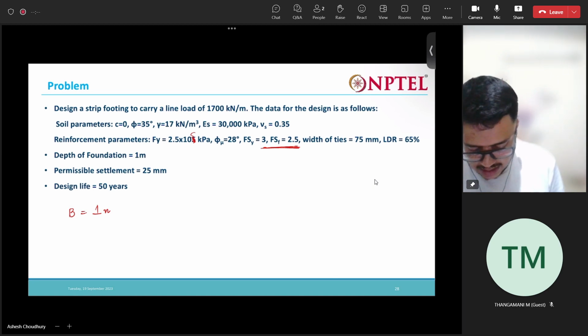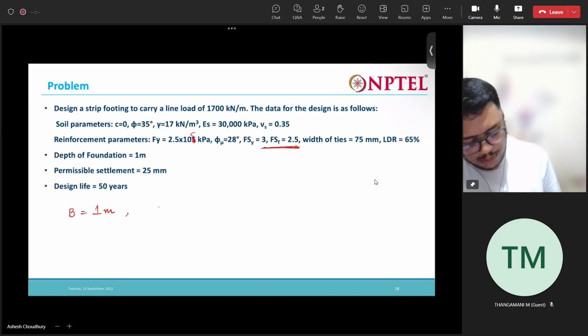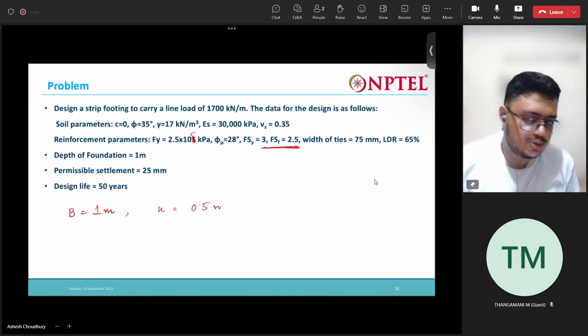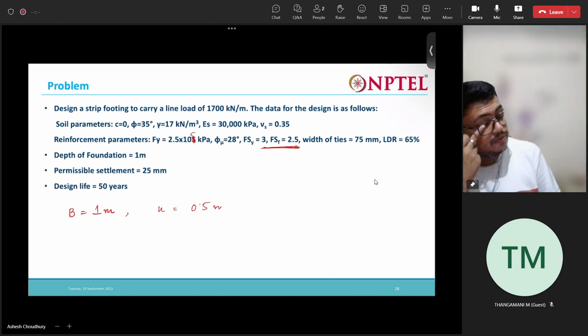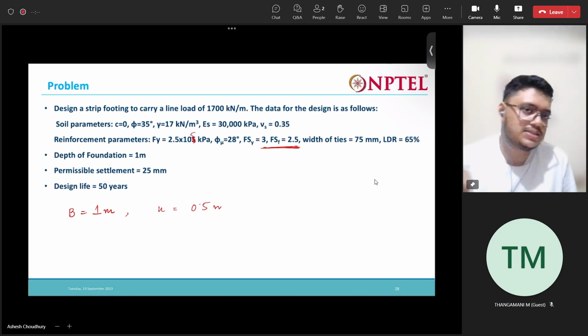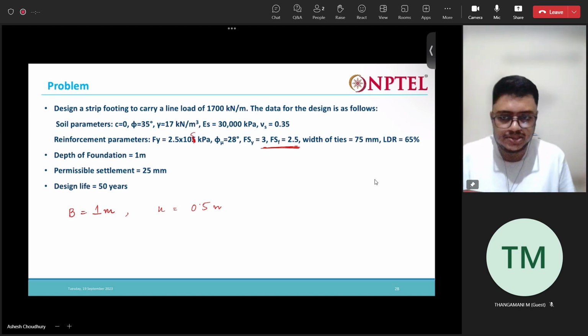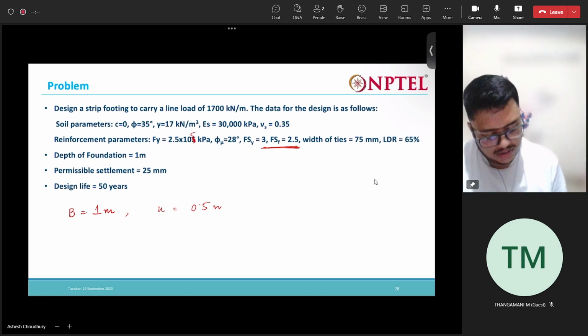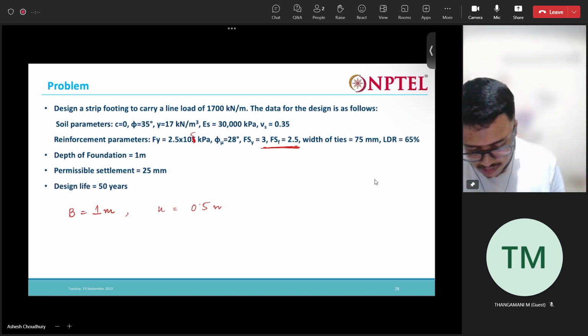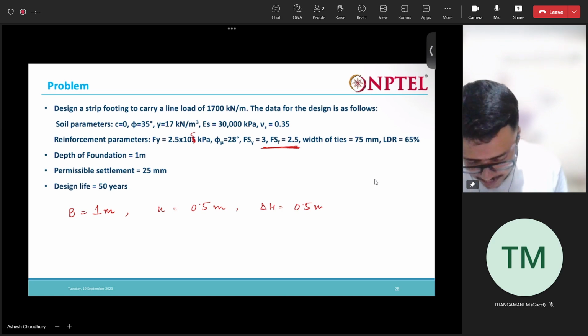However, it was discussed in the class. Let us assume that the depth of the first layer, u, is 0.5 meters. That is within the discussed range, right? We need to assume some values. Then the vertical spacing, you can also take as 0.5 meter.